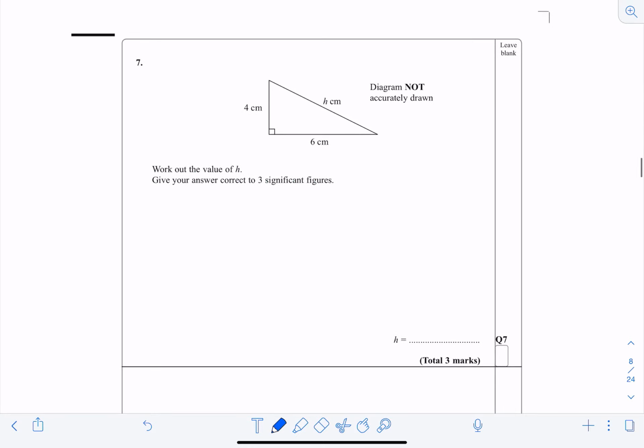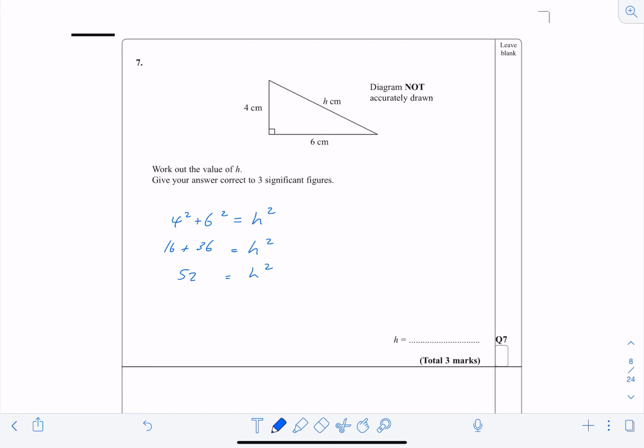Next one. Right, we've got Pythagoras here. I know that 4 squared plus 6 squared equals h squared. So it's going to be 16 plus 36 equals h squared. So that's 52 equals h squared.